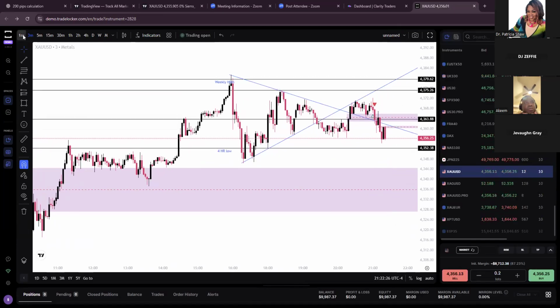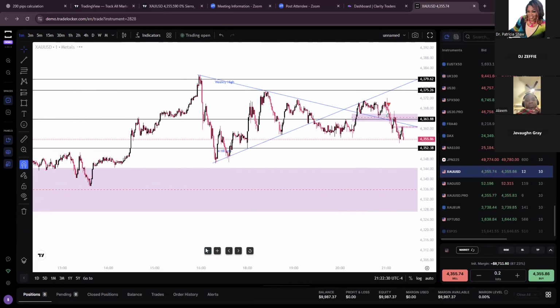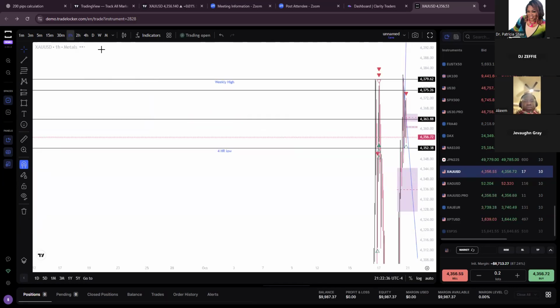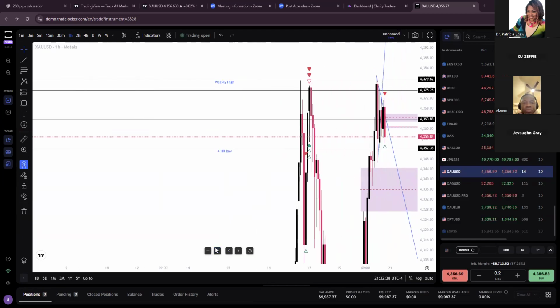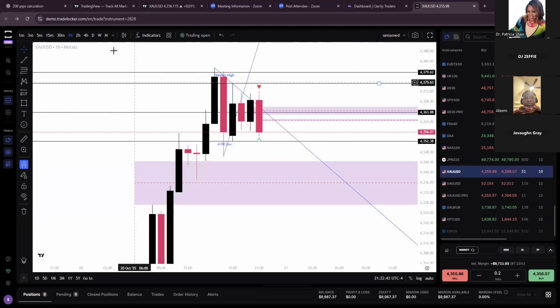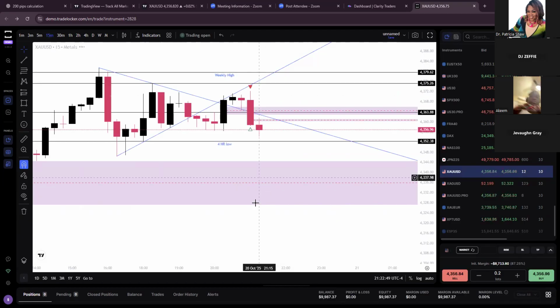All right, so we have a gap here on the 1 minute right here. And then there's a gap. I think it's just our 4-hour gap after that. Let's double check.